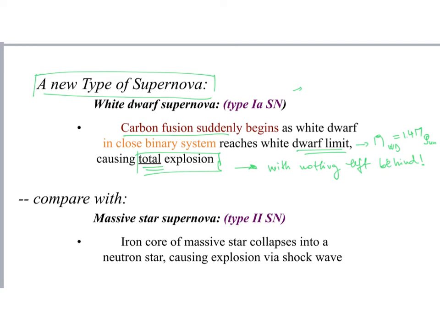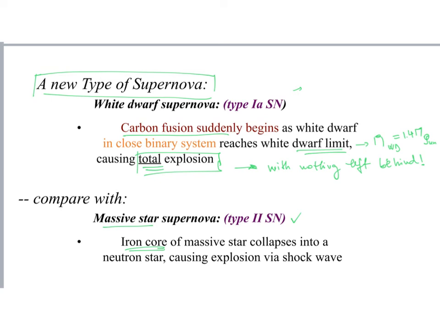Okay, so now compare with a different type of supernova that we learned before, that is actually the explosion that happens at the end of a massive star's life, when the iron core that forms in the very center of that star, after it evolves and depletes all the hydrogen and then helium and then the carbon and oxygen and so on, that onion-like structure with the iron core of that massive star, is going to collapse.